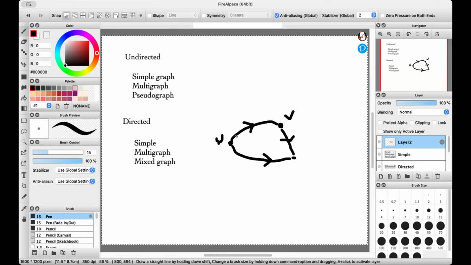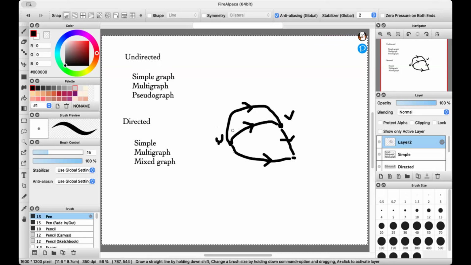A multi-graph is similar to the undirected graph, where the underlying graph looks just like a simple undirected graph. So you have multiple edges going from one vertex to another, but they have to be in the same direction.